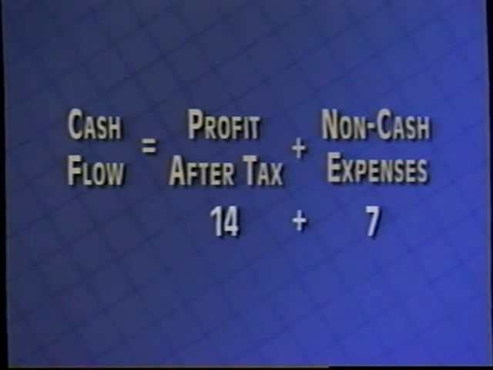So in reality, XYZ generated $21,000 of cash. And cash is what you can use to spend to pay wages and do other nice things, including buying other companies. You can even pay dividends out of cash flow. So cash is king, and we're going to pay a lot of attention to that.